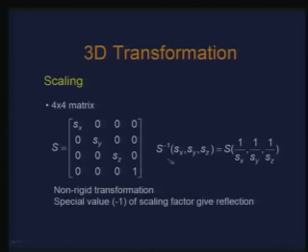There is an interesting thing: when I look at the inverse of the scaling matrix, I can construct that inverse transformation just by taking the reciprocal of the scaling factors.